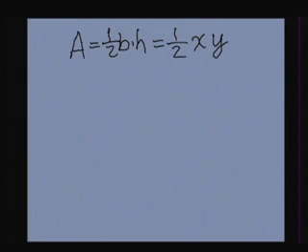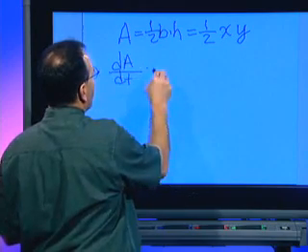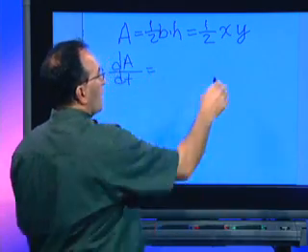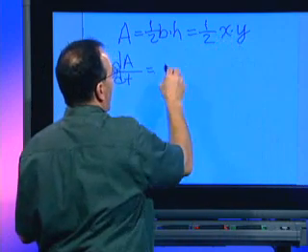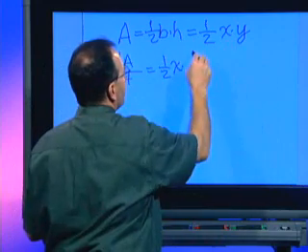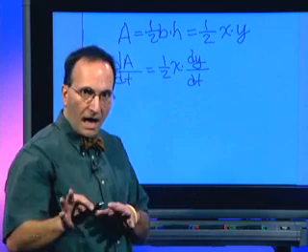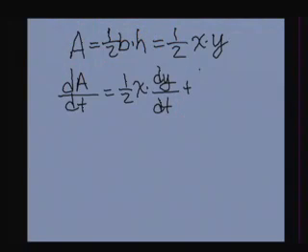We're going to use implicit differentiation here to say that dA/dt is equal to, by the product rule, 1/2 times x times the derivative dy/dt, plus 1/2 times y times the derivative of x with respect to t.